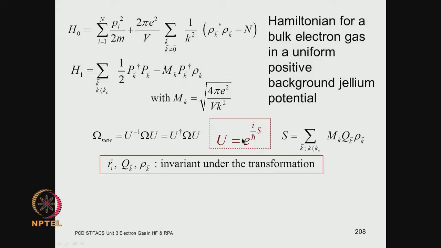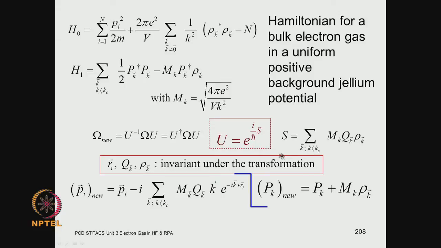Under this unitary transformation, the position operator and the Fourier components of the charge density are invariant. The momenta, however, change. The new momenta which are introduced are canonically conjugate to the new coordinates.